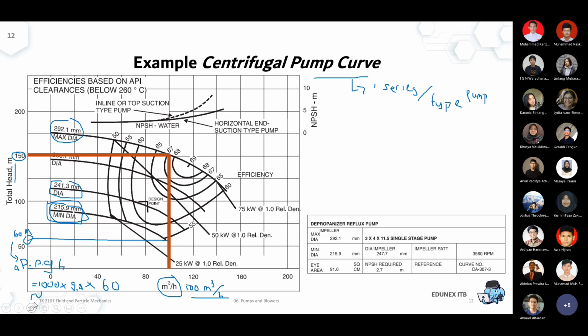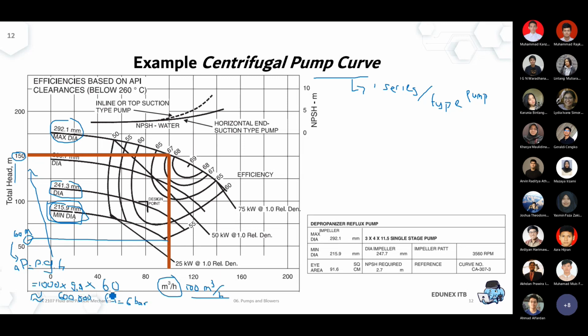So maybe it will be close to 600,000. Is it correct? Roughly 600,000 Pascal, and that is roughly around 6 bar. Okay. Using the same principle, now use this formula for the high impeller one.